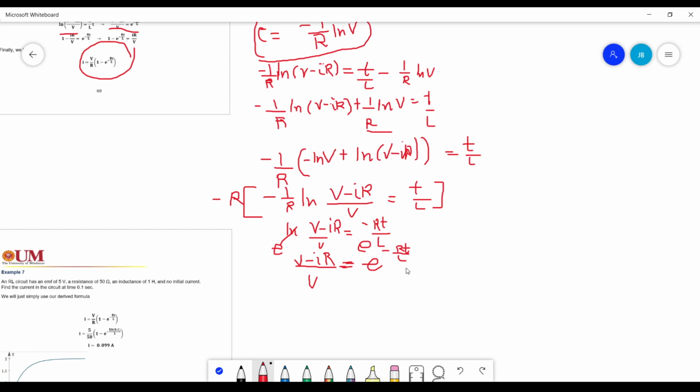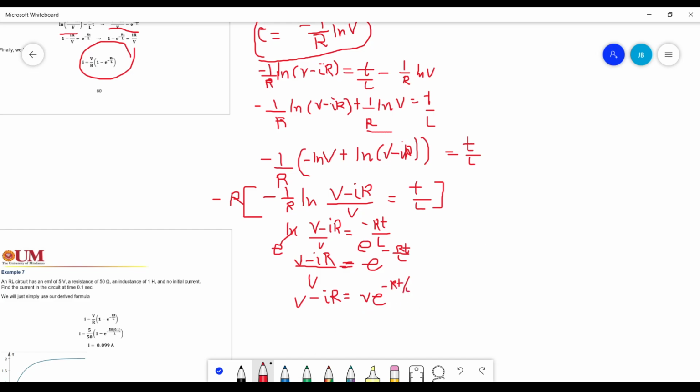Okay, so what's next here is you cross multiply, so magiging v minus ir, remember I is the current, so muna itong ginapakita with respect to time, is equal to v e negative rt over l.